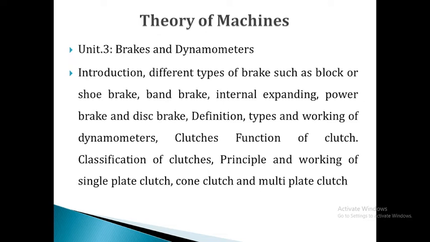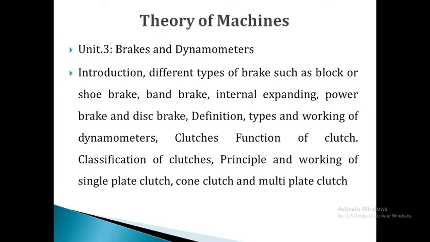We can calculate the power of the output shaft of any engine with the help of a dynamometer. There are many types of dynamometers: rope brake dynamometer, hydraulic dynamometer, Prony dynamometer. In this topic, we will discuss the working and classification of the dynamometers, which are used for calculating the power of the output shaft of an engine.